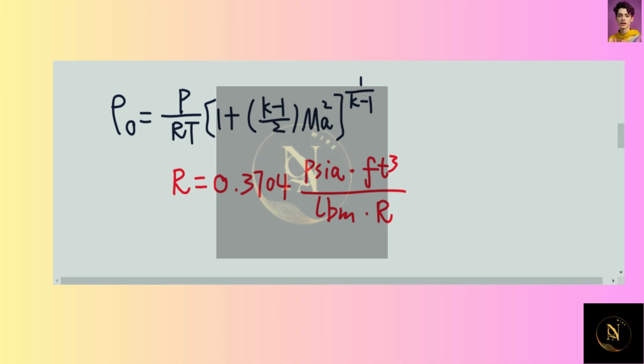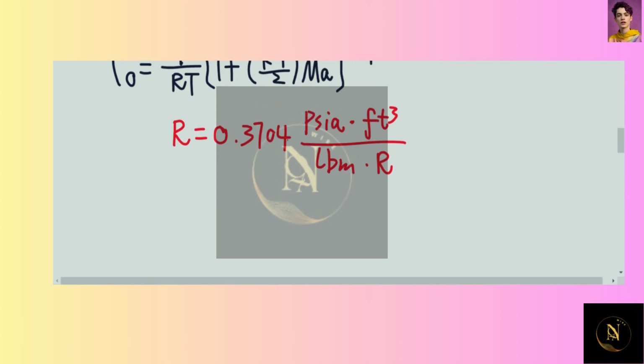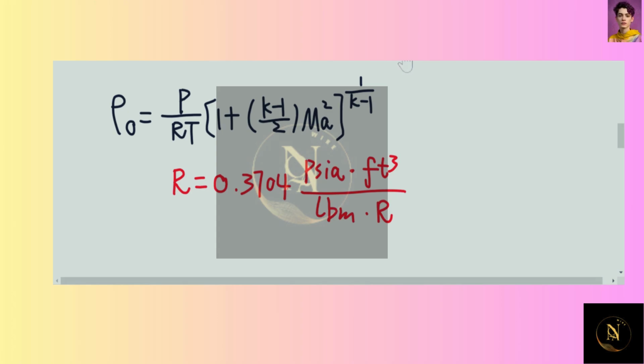So therefore, we make a little adjustment here. We use 0.3704 as the gas constant for air in this case.